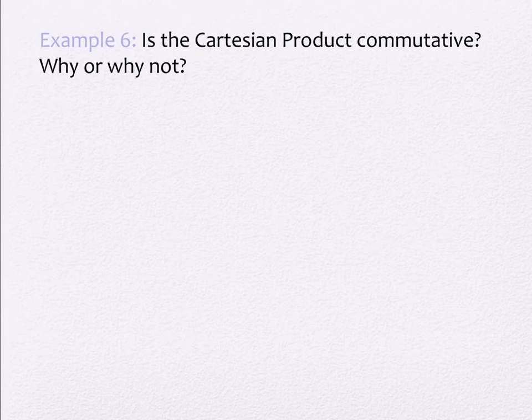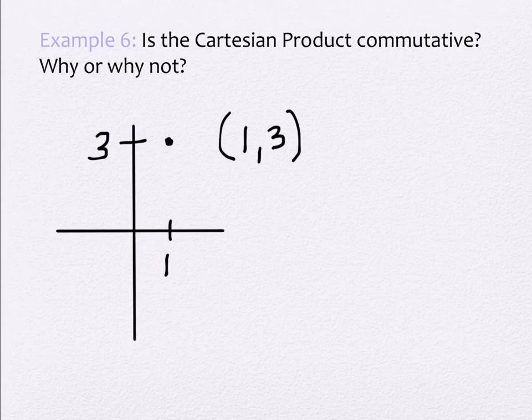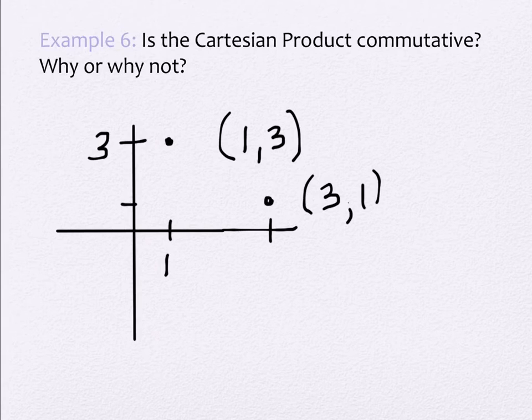So think about what happens when you have the XY plane. Right here would be the point 1, 3. What would happen if you switched the order? You would be at 3, 1 like this, right? Are those the same location? No. See, the Cartesian product's ordering matters in some cases.